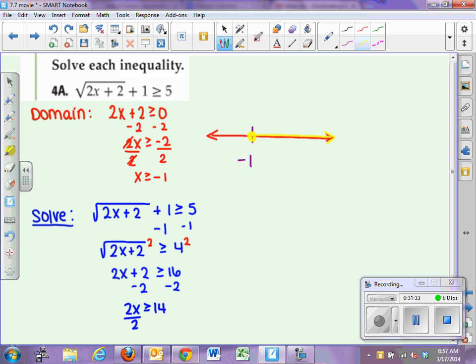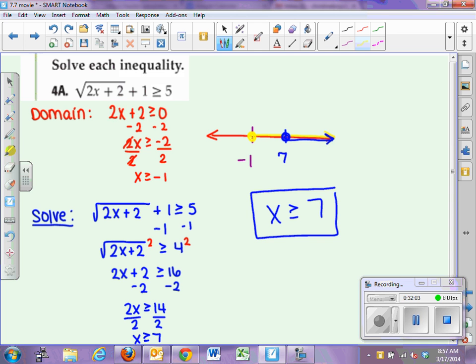Divide by 2 I mean. Okay, so the answer to our equation is x has to be numbers bigger than or equal to 7. But what does it have to do with the -1? Well, is 7 and above my solution, is that in the yellow zone? Yes, it is. So all I have to do is say x has to be greater than or equal to 7. All of those numbers were valid numbers in my domain.